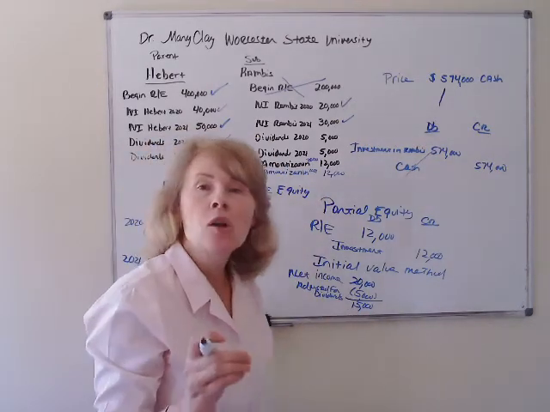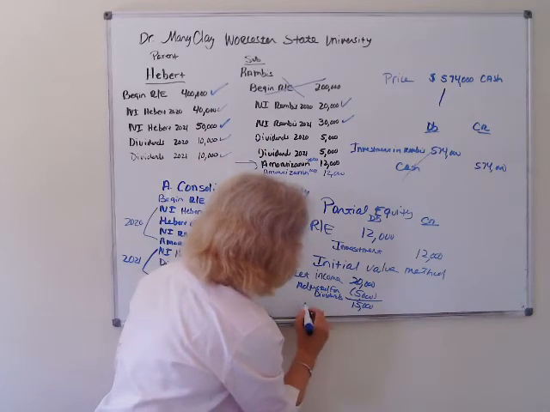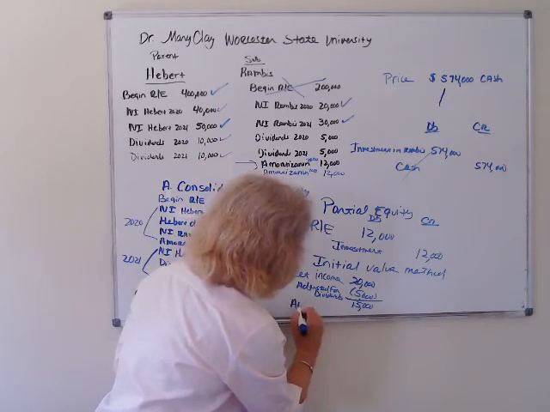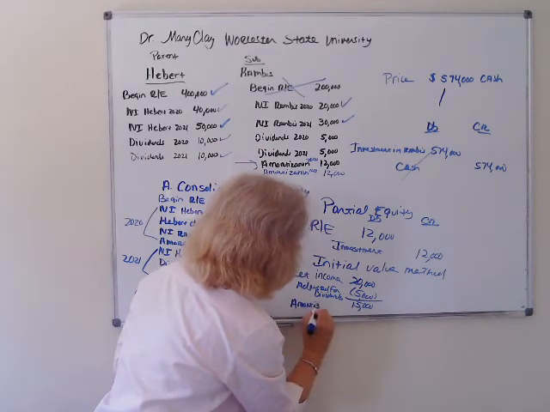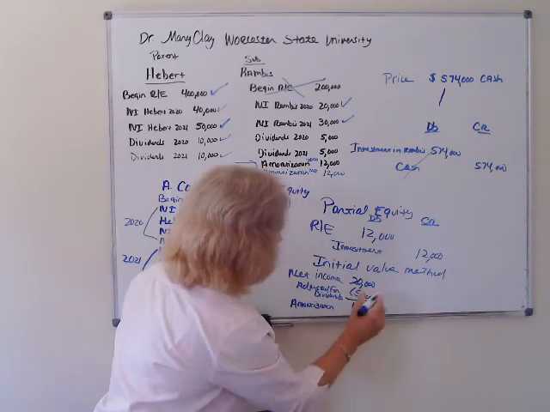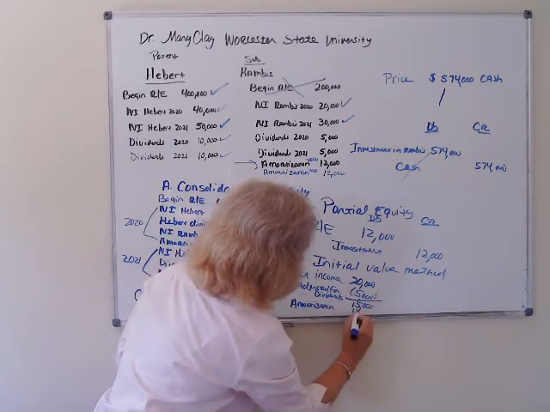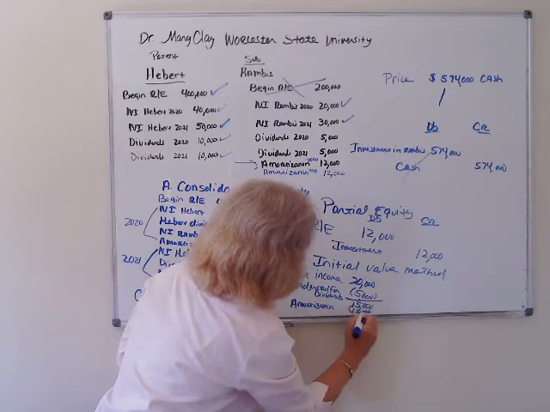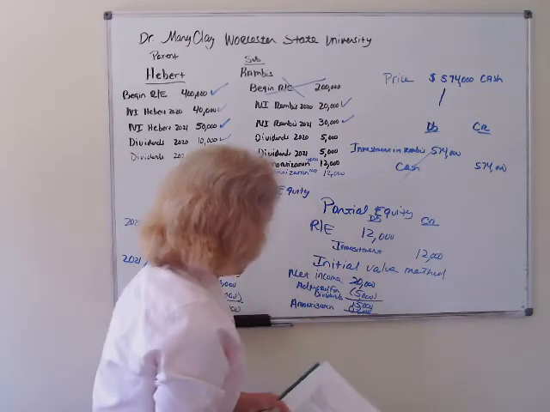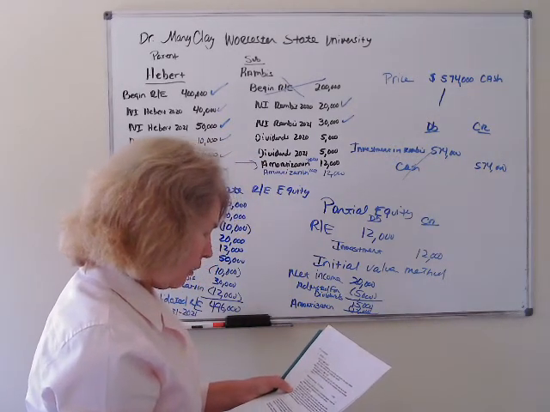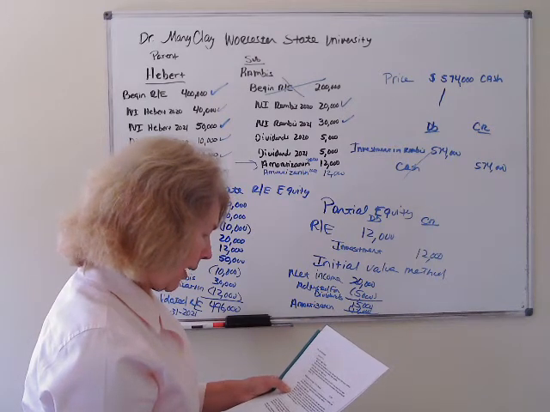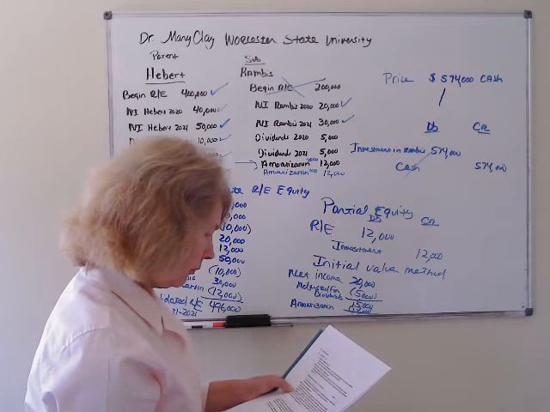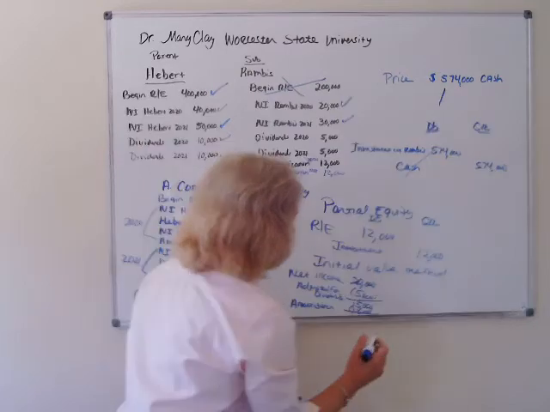You also need to adjust for the amortization. What will amortization do to net income? It will reduce it. So we're going to subtract 12,000. So the adjustment for the initial value method will be $3,000.